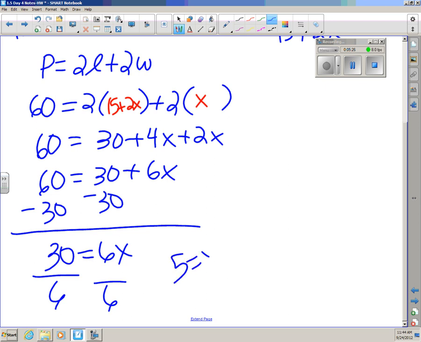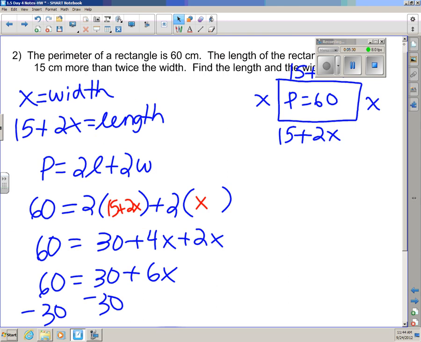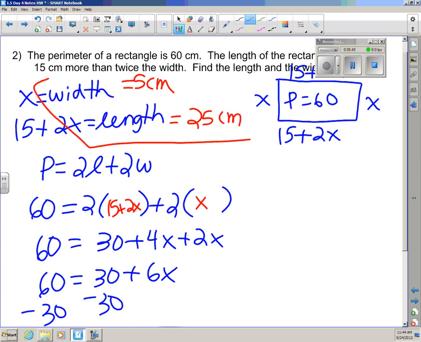Divide both sides by 6. And 5 is equal to x. Well, what's the question? It wants me to find the length and the width. When I solved and got 5, then 5 centimeters must be my width, and then 15 plus 2 times 5, or 15 plus 10, is 25. So 25 is my length.